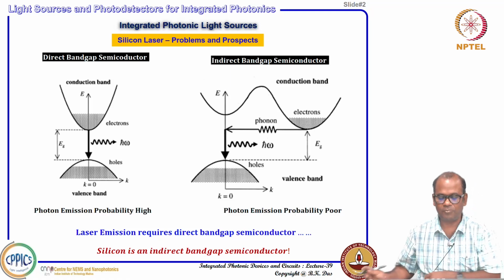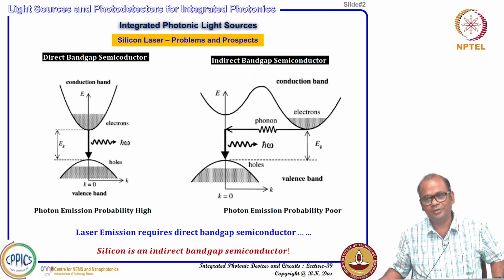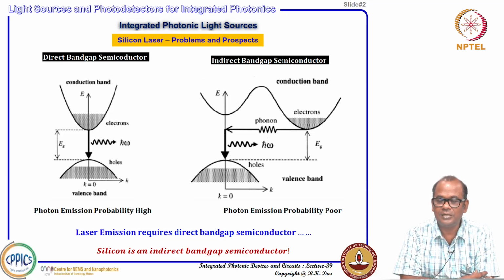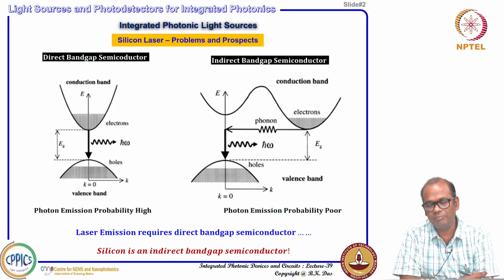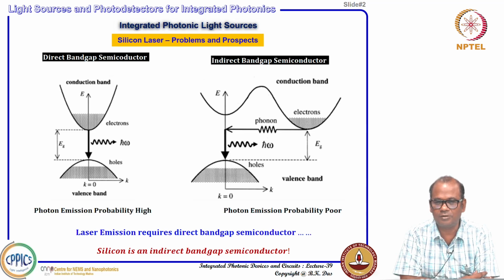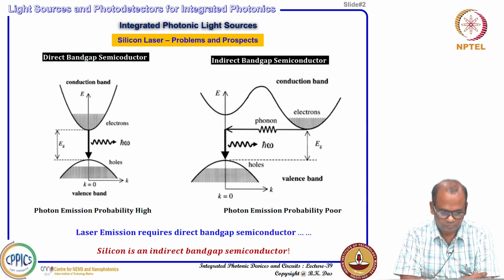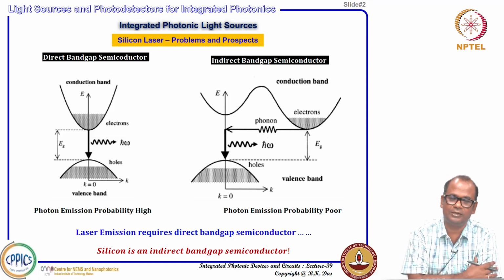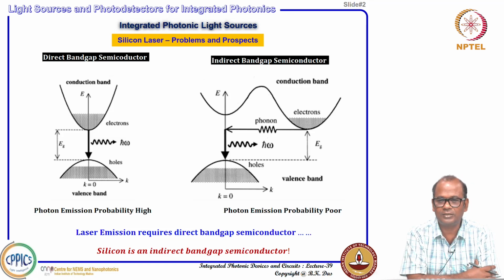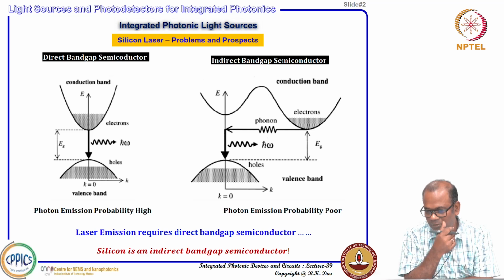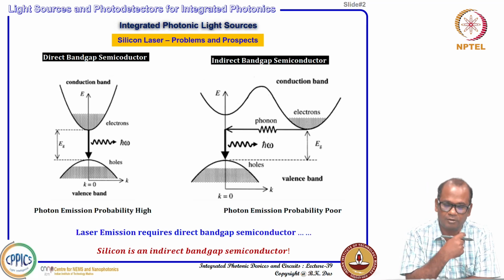Let us see what the problem is in silicon. Compound semiconductors are good, and silicon crystals, and similar materials like germanium, are not good for laser emission. If you analyze all the semiconductors, you can find two different types of energy band structure for electrons.